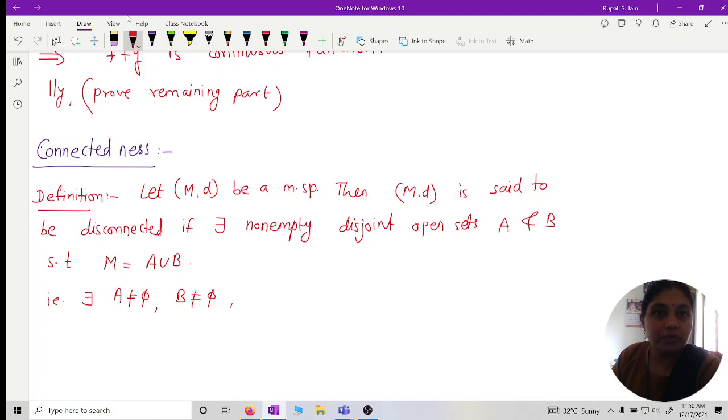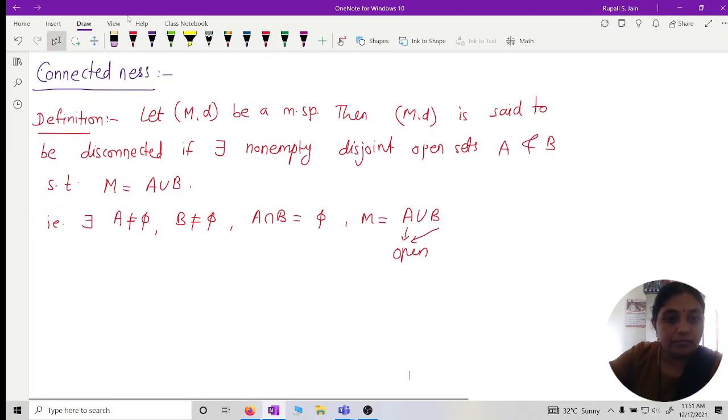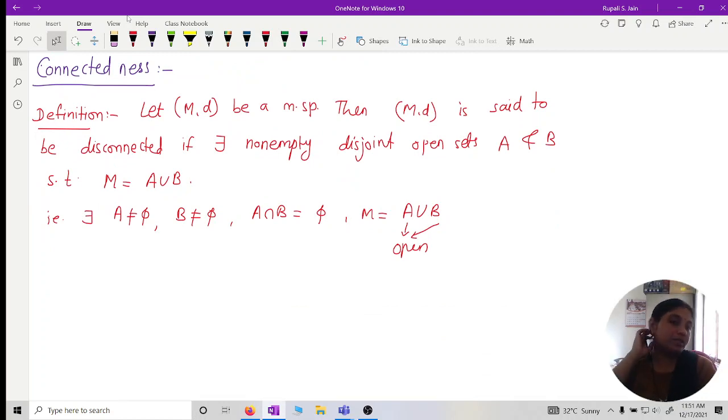They are also disjoint, so A intersection B is equal to the empty set, and M is equal to A union B, where A is open and B is also open. Is that right? Then that metric space is said to be disconnected. Otherwise, it is said to be connected.